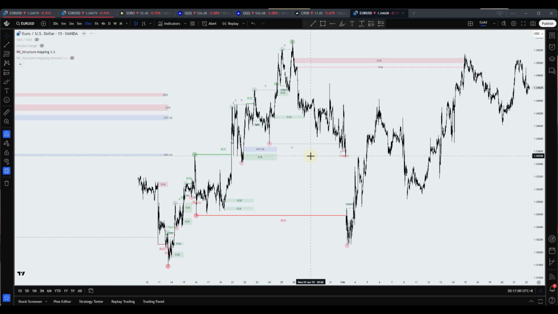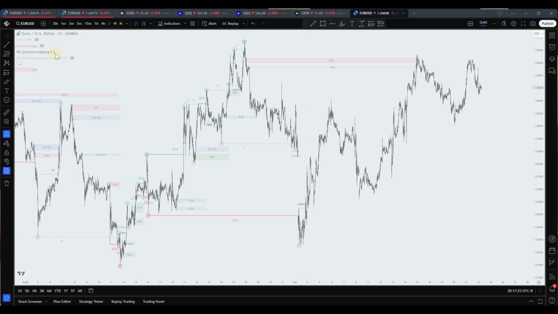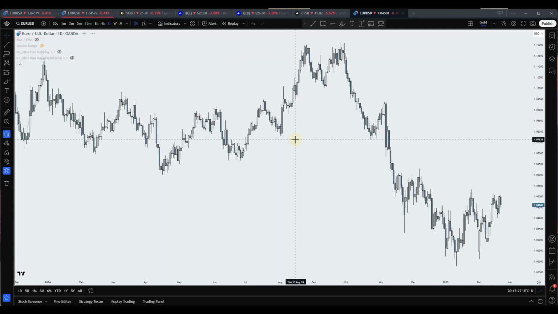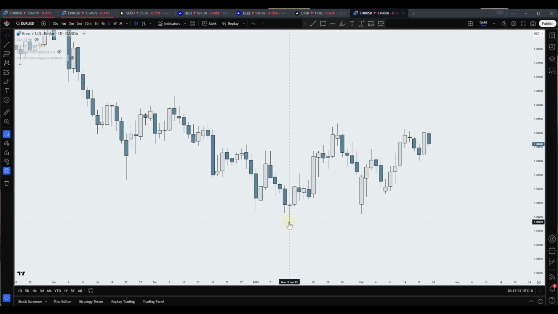Okay, see this range, there is nothing during this whole period. Why? Because the range is too big. When the range is really too big, how can you play these ranges? If you look at the daily time frame, basically this move started from here and then here and then here.